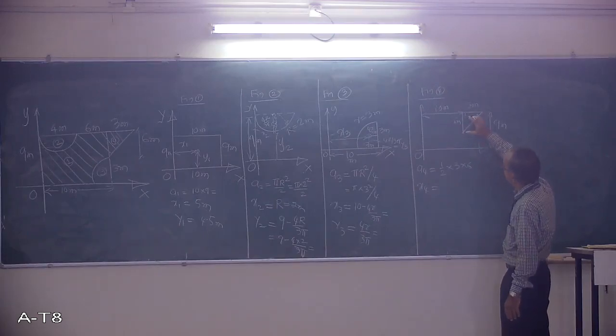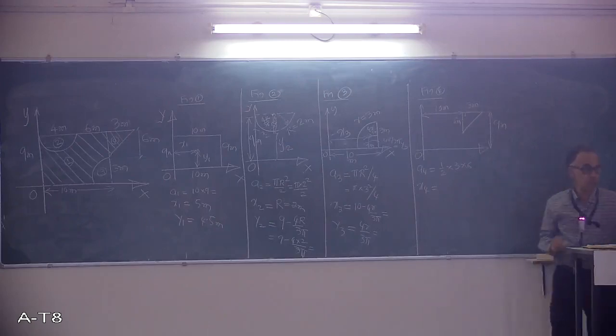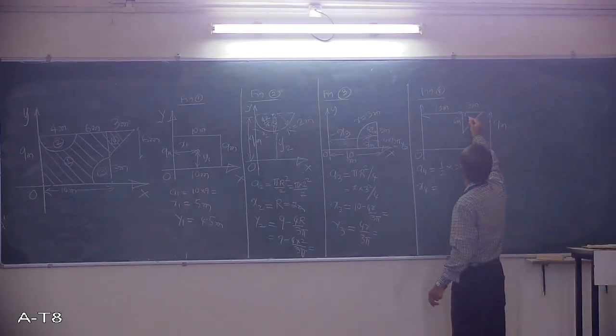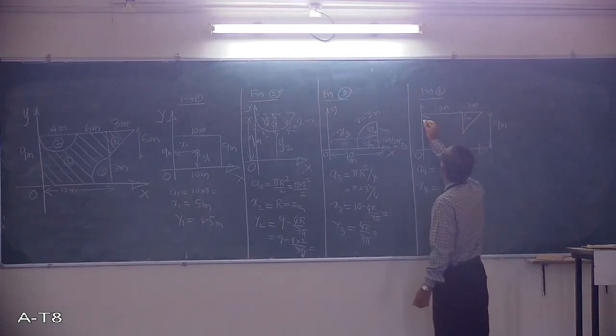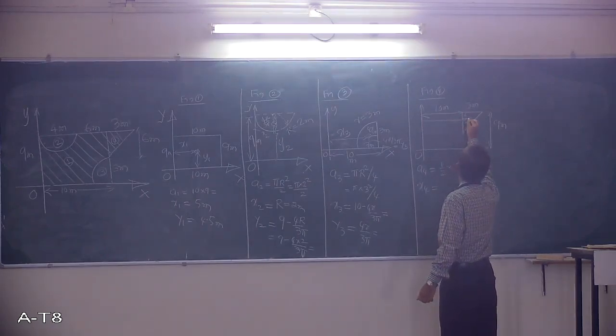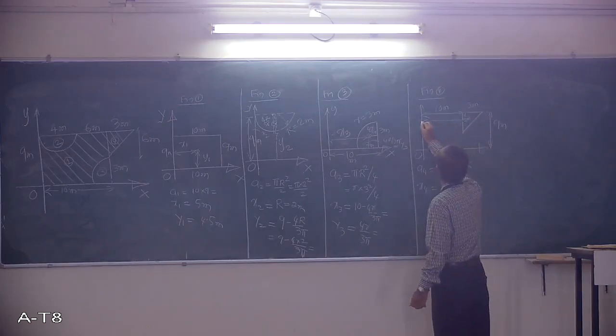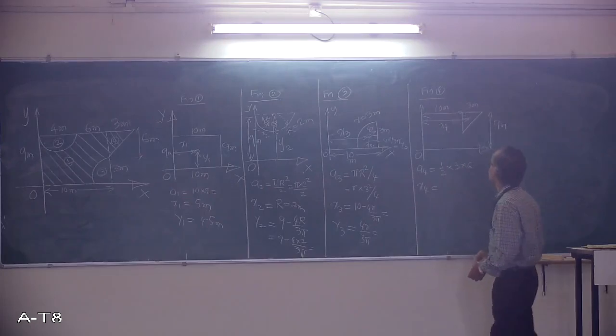Similarly, from the tip, measuring 2/3. From the base, it is 1/3. So I mark the centroid first. Centroid will be at this point. So this is this value. This is x4.